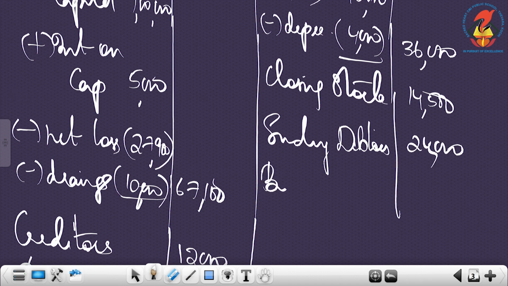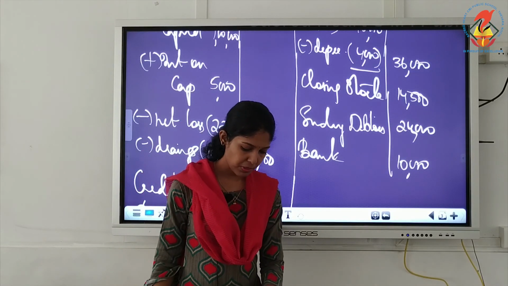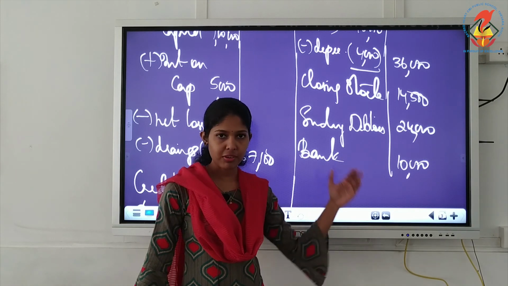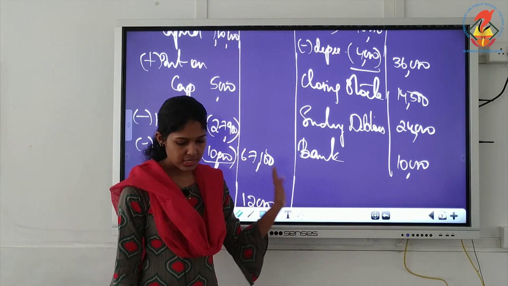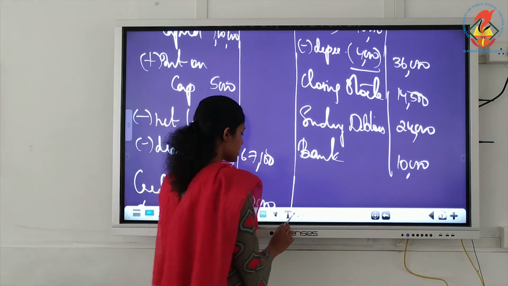Then we have bank, the amount is 10,000. Just go through adjustment items, closing stock, depreciation, interest on capital, due for repairs. The last one we will write after the balance sheet. So, items are over. We have recorded all items.